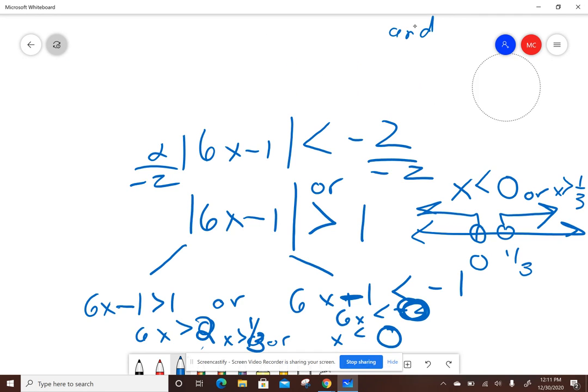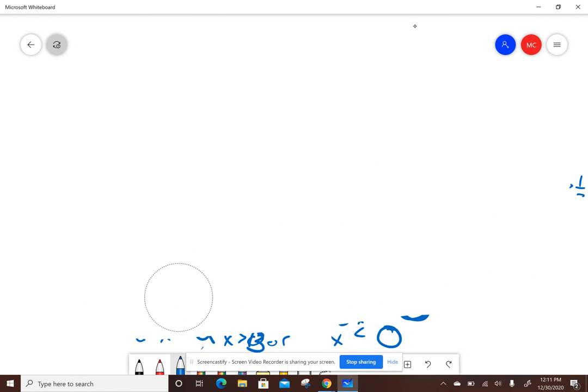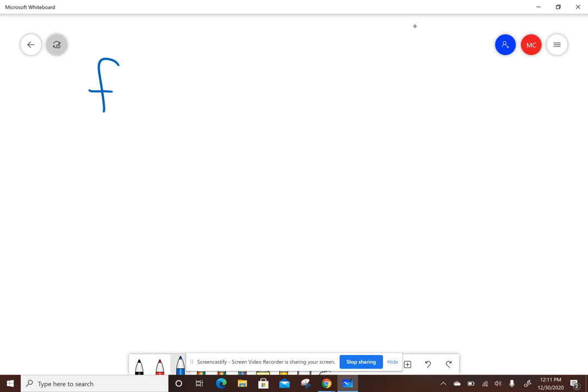Okay, so now we can fill in the bottom part of your notes. It says on page 34, one-step and multi-step inequalities follow the steps for solving an equation, but flip the inequality symbol when you multiply or divide by a negative. So you're going to write flip when you multiply or divide by negative.